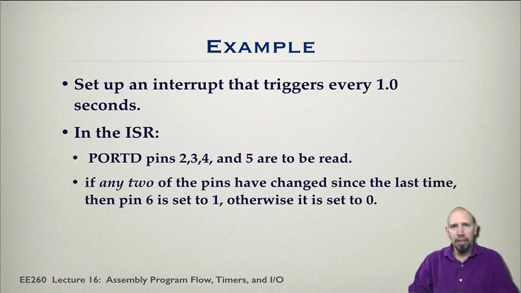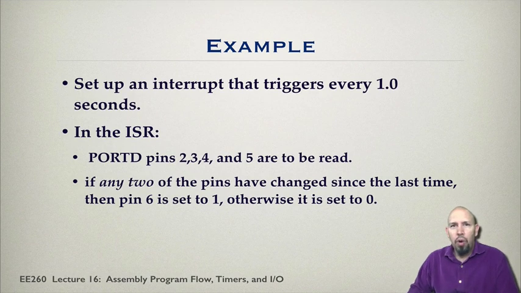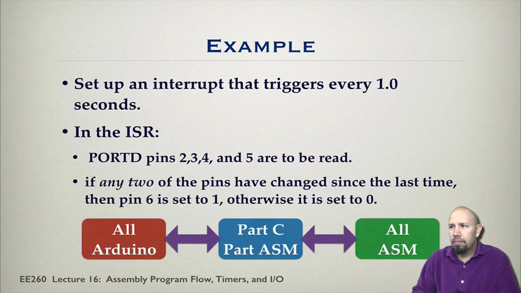Now, there are a number of ways of approaching this problem, and from our perspective, in terms of programming, we could do all things in Arduino code, which means C. We could do part C and part assembly, or we could do all assembly.